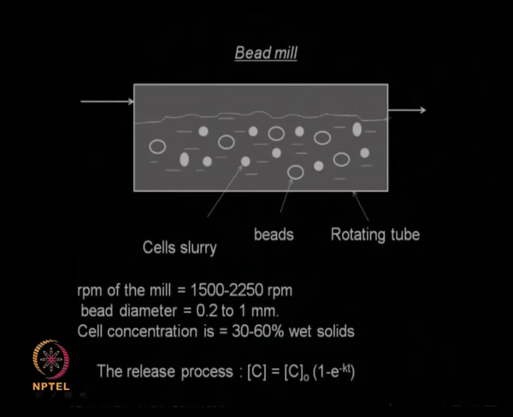So the release process is generally we can assume it as a first order process. That means the concentration of the product of interest, that is the product which is released or liberated from the microorganism as a function of time t here, is equal to C naught, this is the total concentration of the product that may be present, multiplied by 1 minus exponential power minus kT.